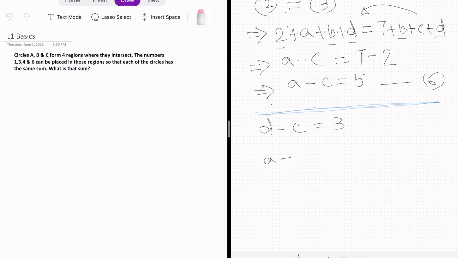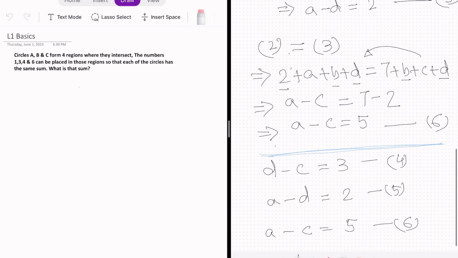I did A minus D is equal to 2. This was my equation 4. This was my equation 5. And I have A minus C as 5. Equation 6. So I can't process this any further. If I do anything more than what I've already done, it'll start going in circles.